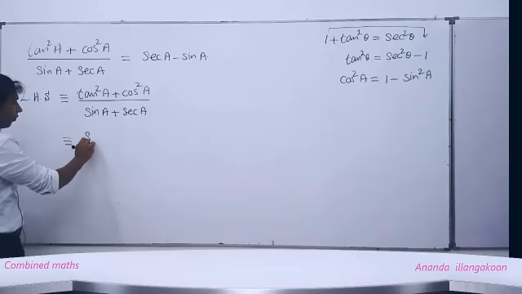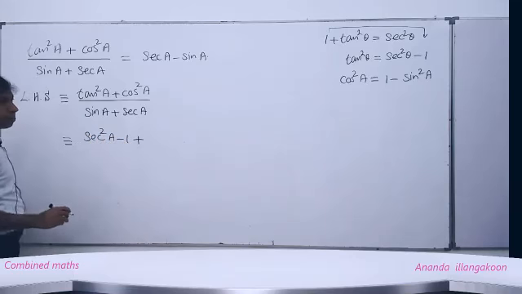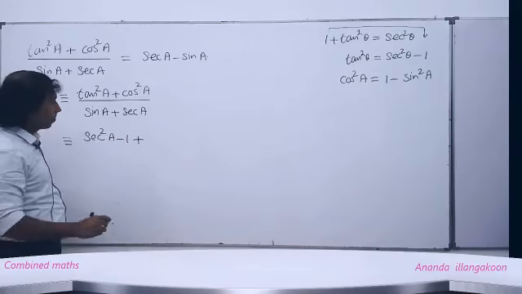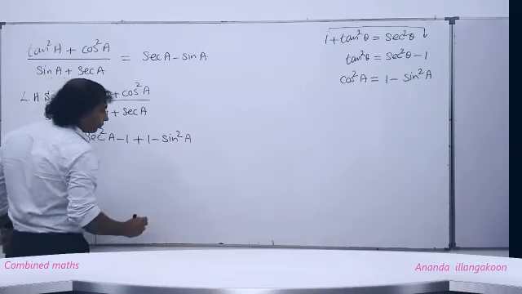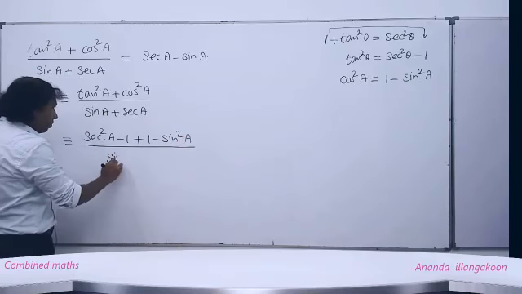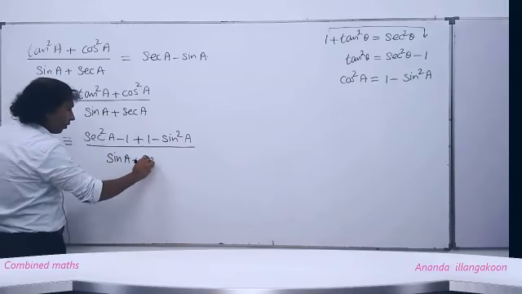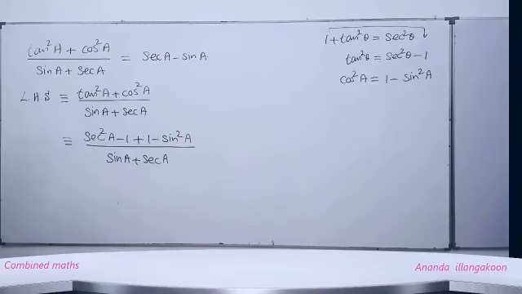Tan squared A, it is sec squared A minus 1. Cos squared A, 1 minus sin squared A, divided by sin A plus sec A. Okay.